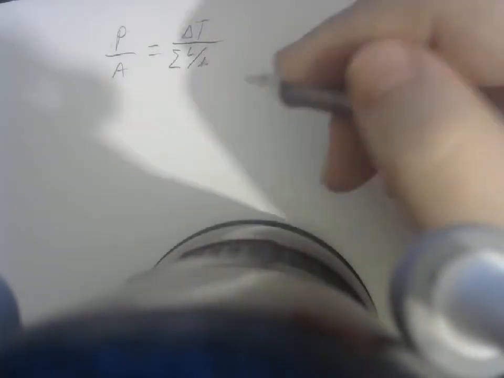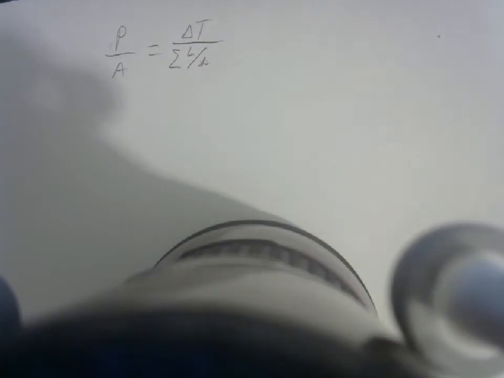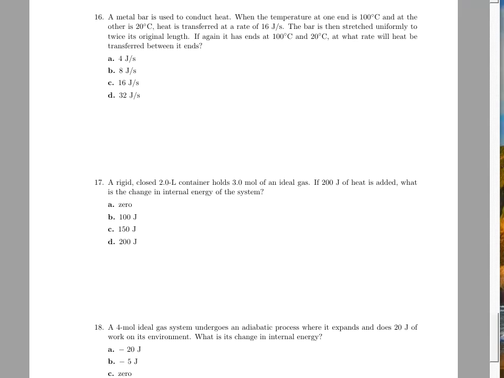Basically, I just want to solve this just for one substance. We don't have that sum. We can just have it K over L delta T. And then the big part of this question is how to interpret "the bar is then stretched uniformly to twice its original length." So how are we supposed to interpret that?